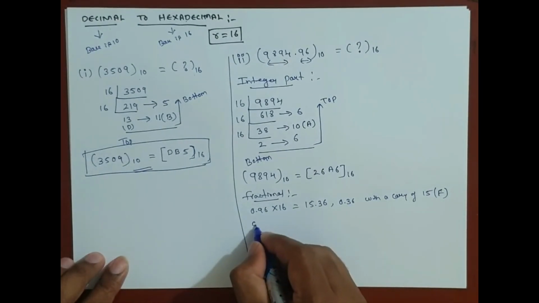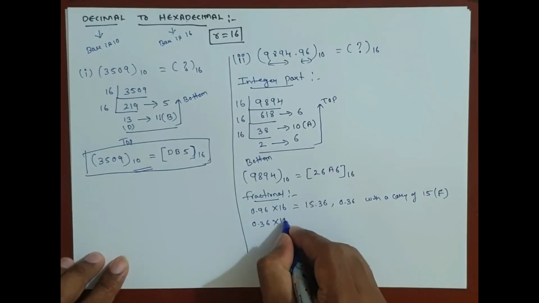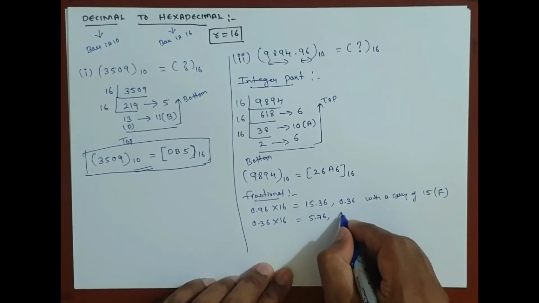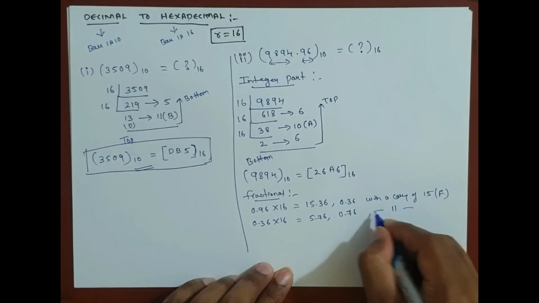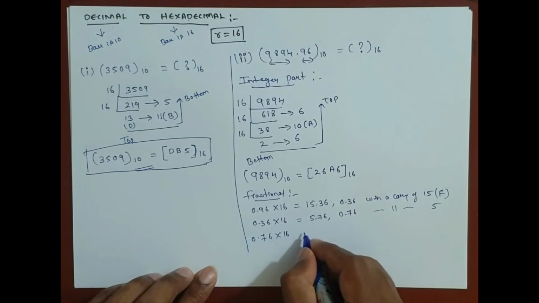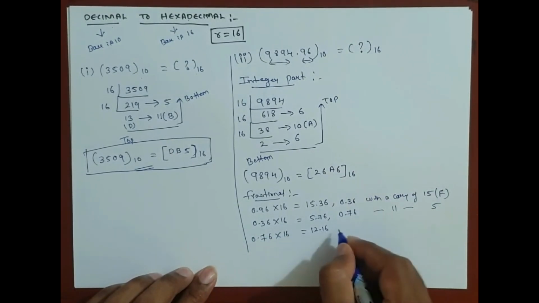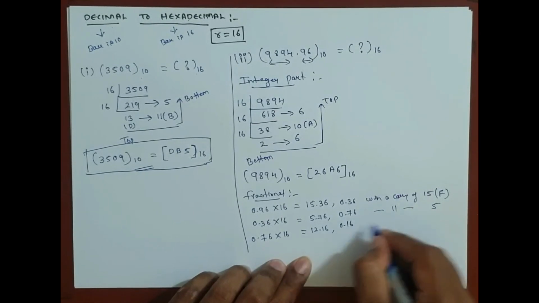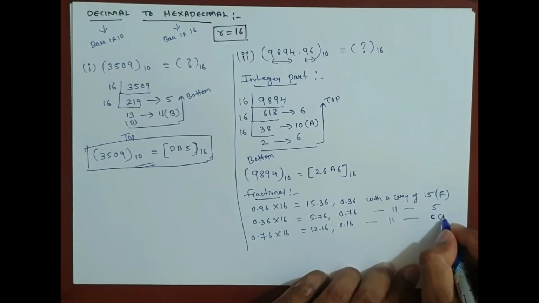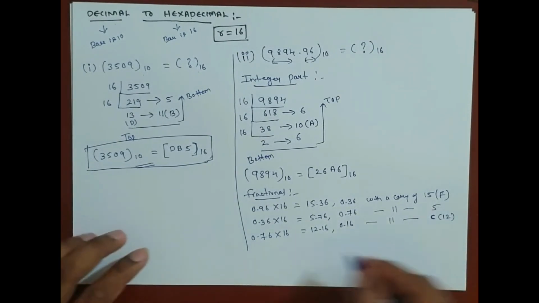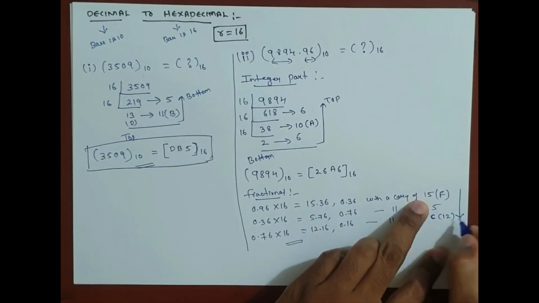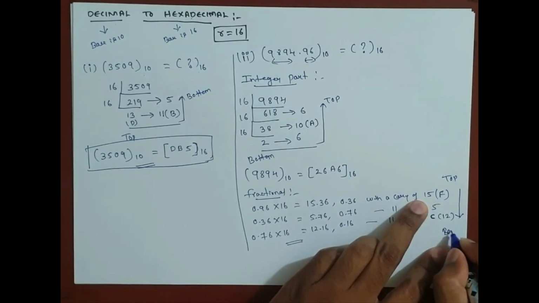Next, again take this 0.36, multiply by 16, the result is 5.76, which can be written as 0.76 with a carry of 5. Again take this 0.76, multiply by 16, it is equal to 12.16, which can be written as 0.16 with a carry of C, because 12 is nothing but C. So perform some 3 to 4 steps and read the result from top to bottom.